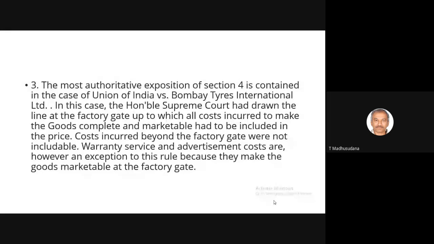On section 4, there was a case in the Supreme Court. That case is between Union of India, that means the central government, and Bombay Tyres International Limited.